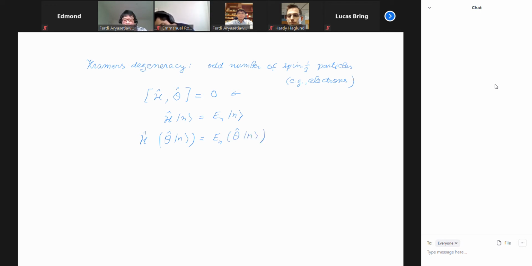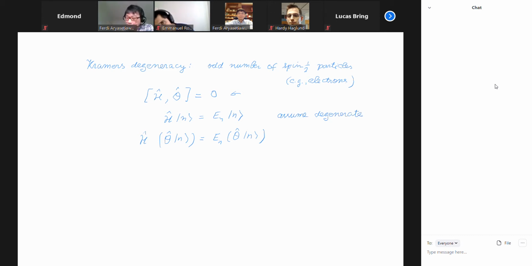So let's assume now that this state is non-degenerate, and we want to show that that cannot be the case. So we do the proof by contradiction.